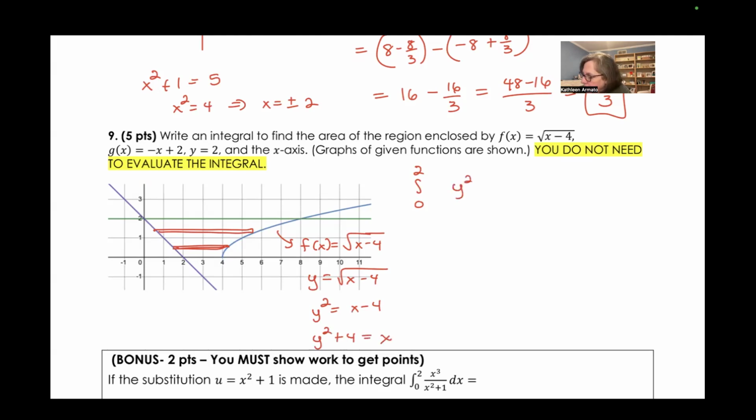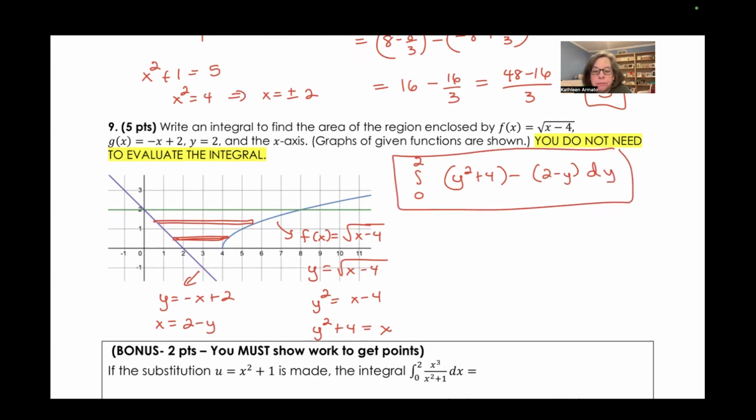So that's my first function. All right, this function is g of x, which I'm just going to go ahead and replace with y equals negative x plus 2. So if I bring x over, I have x equals 2 minus y. So 2 minus y is my other function. Right there, that's your answer, folks.